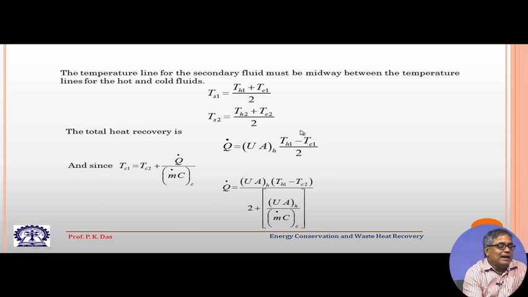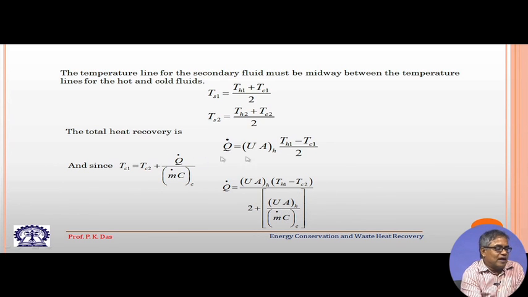And again I would like to remind, these are at one end of the heat exchanger, end 1 of the heat exchanger. And for the cold fluid stream, we can write down this energy balance equation. So, now TC1 should be replaced by this particular formula, bringing in TC2, which is known.